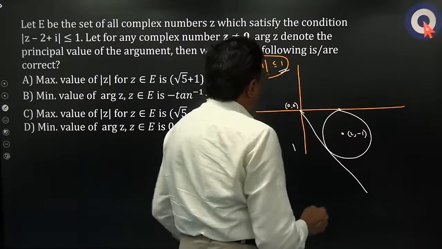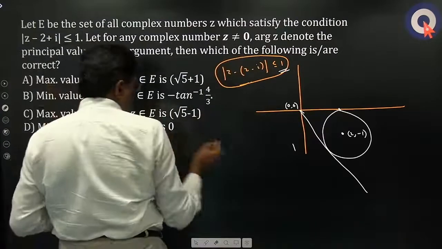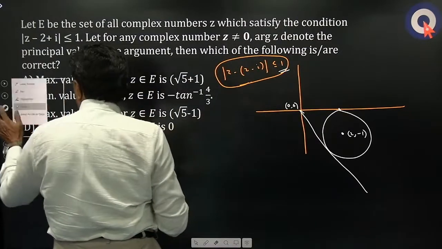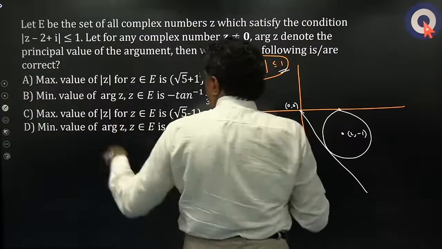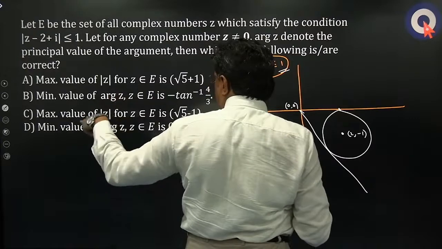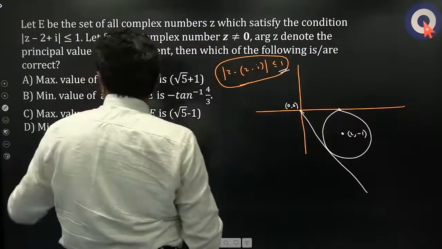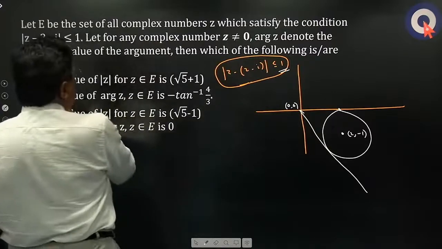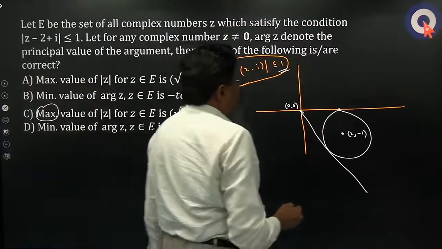All right, we need the maximum value of mod z and the minimum value of mod z. Here one of them is maximum and one of them is minimum. This could be minimum.